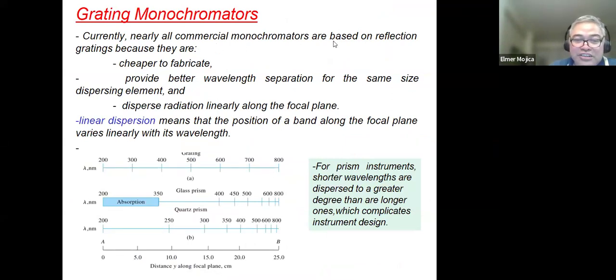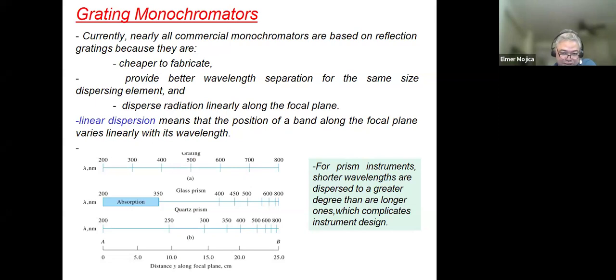Currently, nearly all monochromators are based on reflection gratings because they are cheaper to fabricate. They provide better wavelength separation for the same size dispersing element and disperse radiation linearly along the focal plane. Linear dispersion means that the position of the band along the focal plane varies linearly with its wavelength.